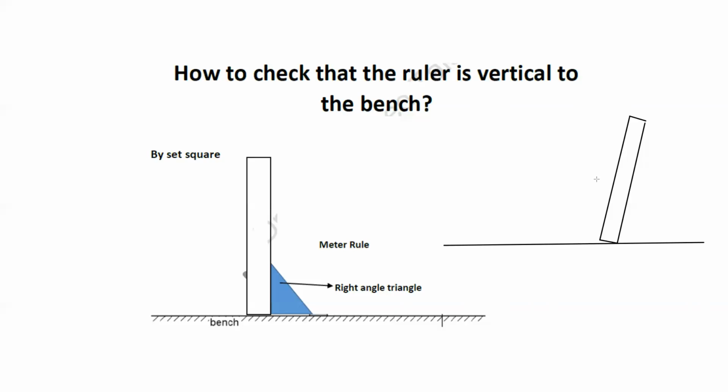If you try to show practically that it is not exactly vertical, when you place a set square, you will find a gap between the perpendicular part of the set square and the ruler, so it shows that there is an angle between them. If there is an angle between the set square and the ruler, it confirms that your ruler or scale is not exactly vertical.